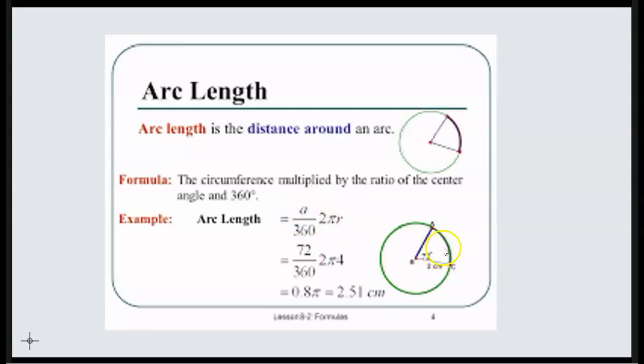And then we multiply by the ratio of the circle we are talking about, the sector of the circle. So if we have 72 degrees for my central angle, you'll just do 72 degrees divided by 360, which is the total amount of degrees in a circle, times 2 pi r. In this case, my radius is 4, so you do 2 pi times that 4.